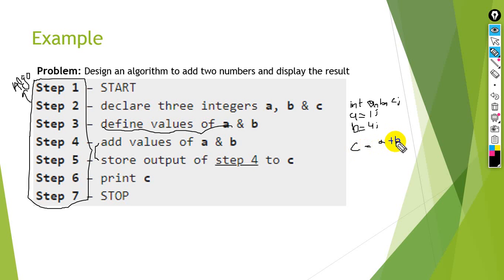Then we need to output this value, for example cout c. The value of c, the addition of a and b, will be displayed right here, and then we will have the finishing of the program.